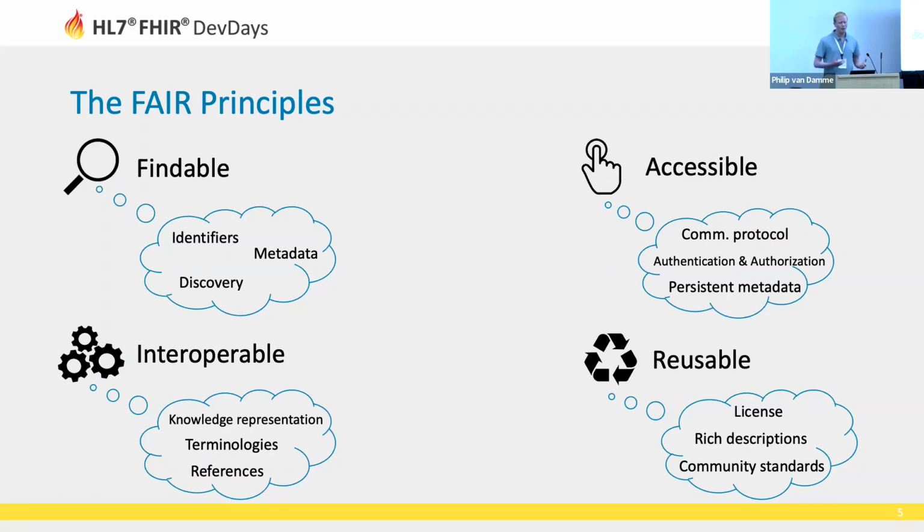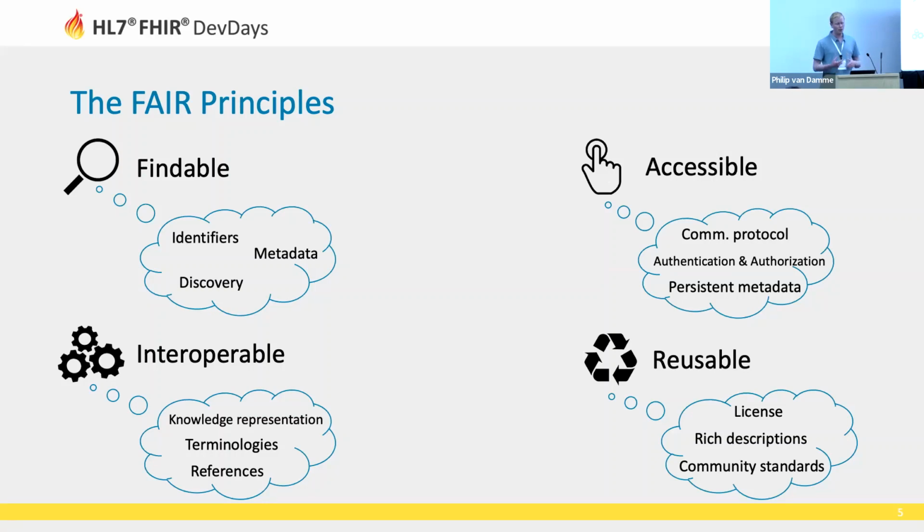Eventually, what this is all about is reusable data. So having data that is reusable for humans, but especially for machines. So you should have a computable format that machines can reuse. If there's a license, it should be clearly stated, and the metadata.